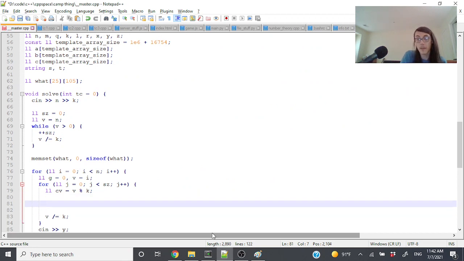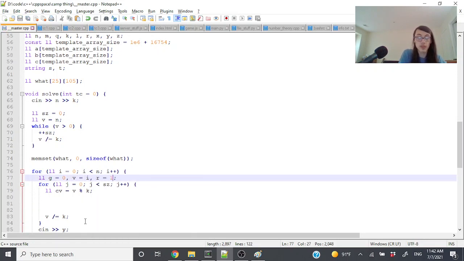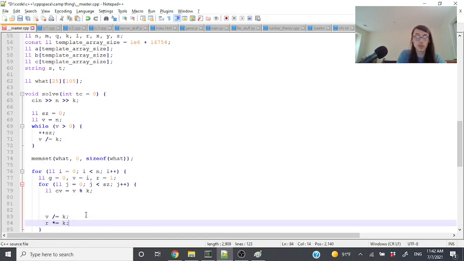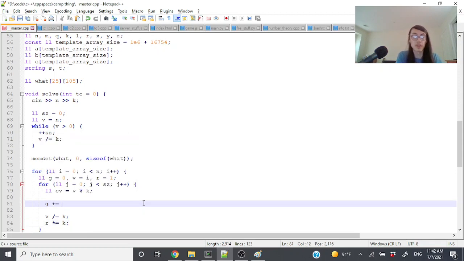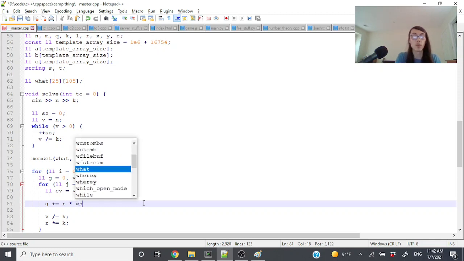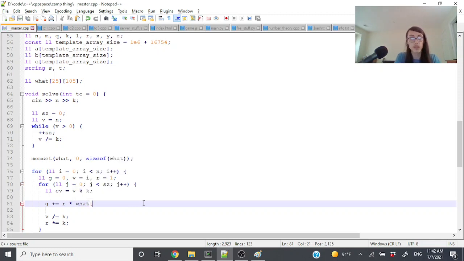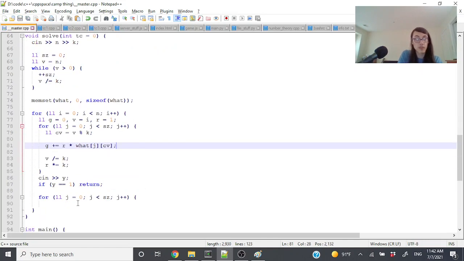So then R is equal to 1. So then G plus equals R times whatever the new digit should be, which is this and then CV.